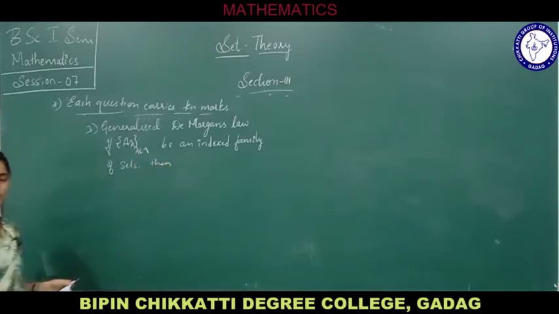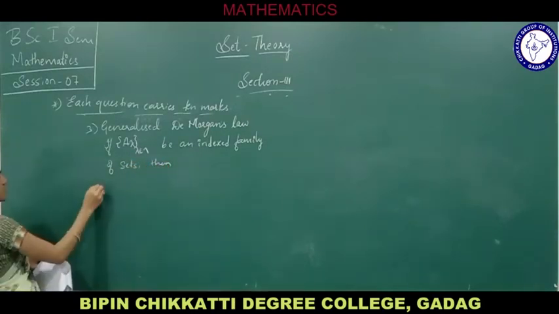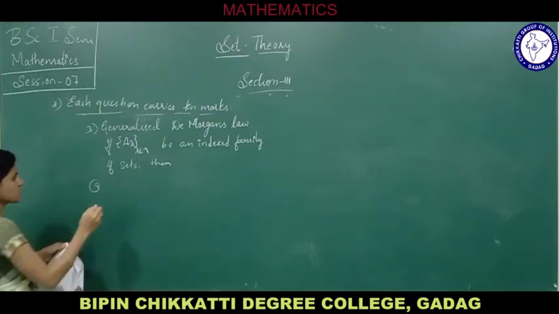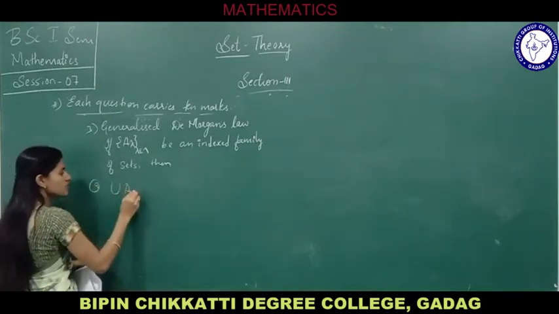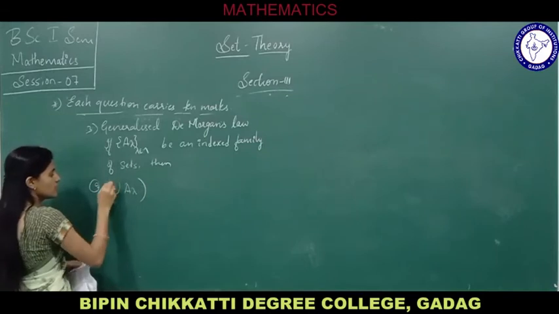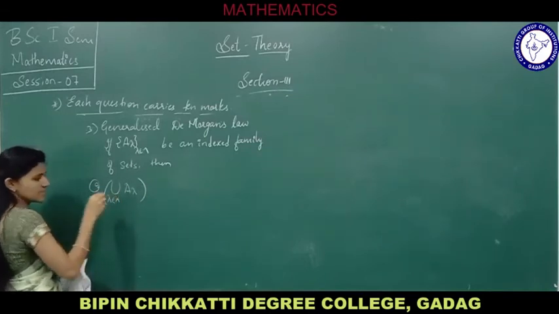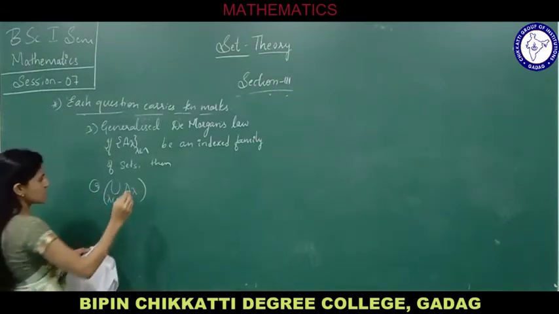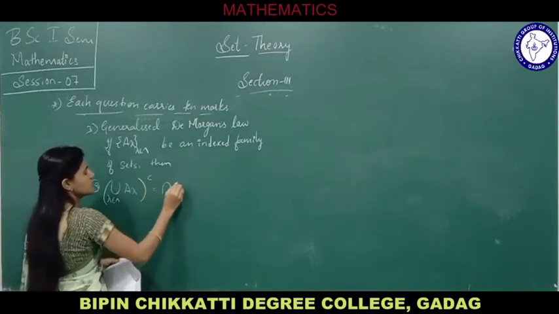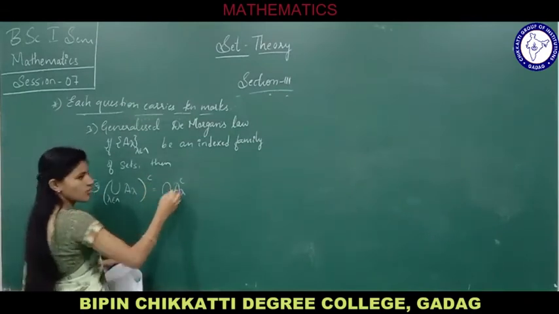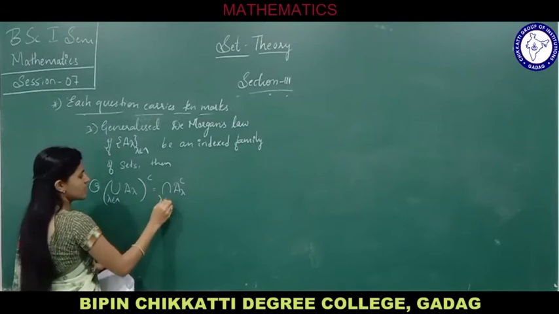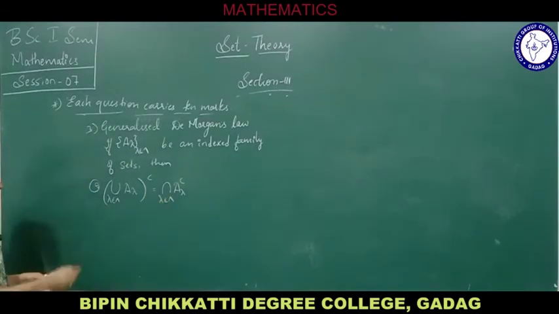Then we had two proofs. What was the first one among that? The first one was: the union of A_lambda, where lambda belongs to the indexed set, its complement will be equal to the intersection of A_lambda complement, where lambda belongs to the indexed set.